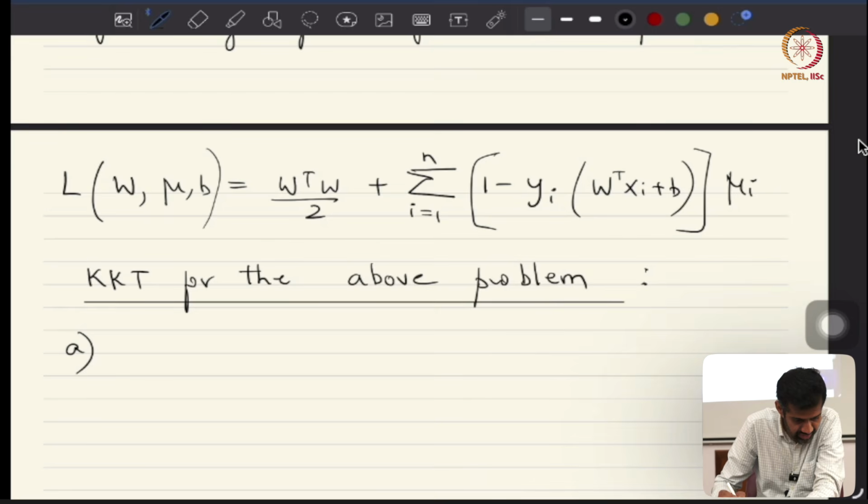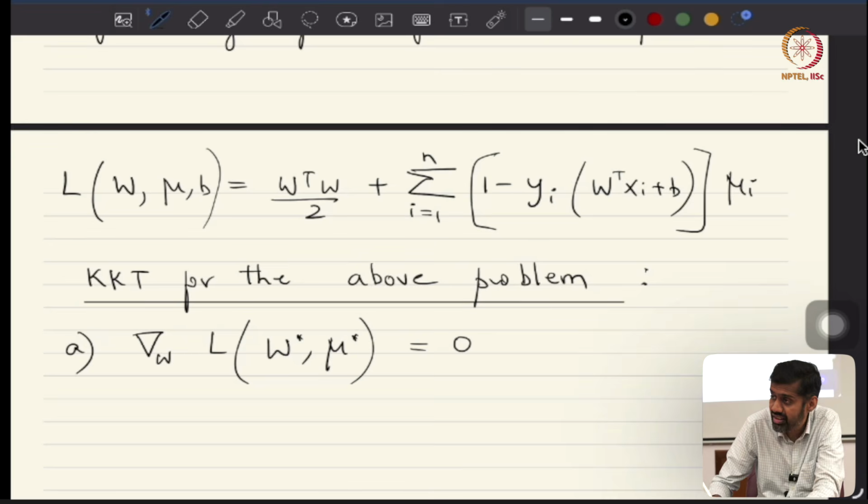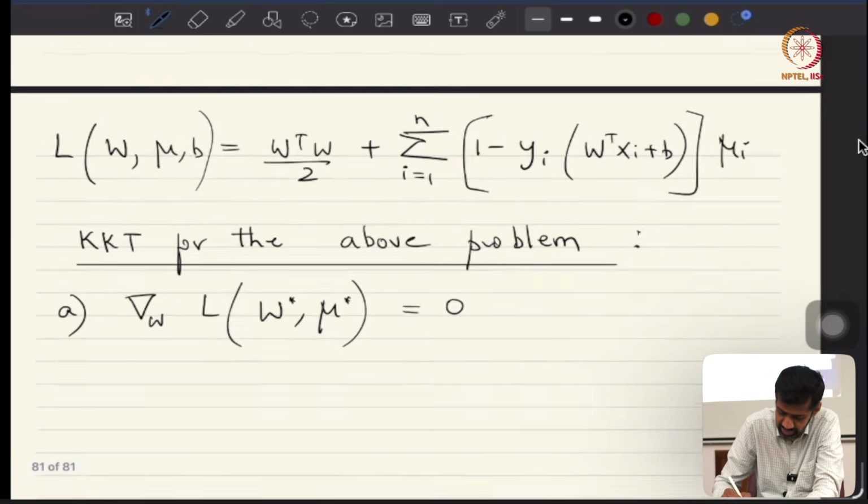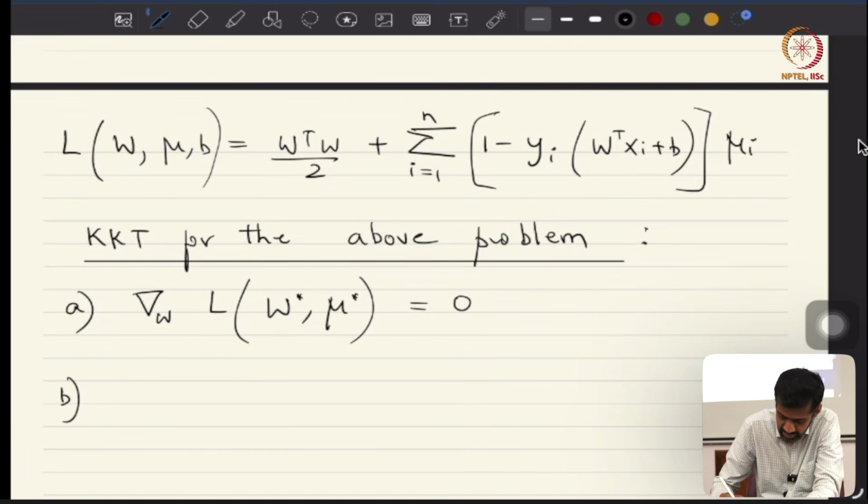Yeah, the first condition is that the gradient of the Lagrangian with respect to the optimal parameters and optimal Lagrangian multipliers has to be 0, correct? This is the first one. The second one is that all the optimal Lagrangian multipliers have to be non-negative.